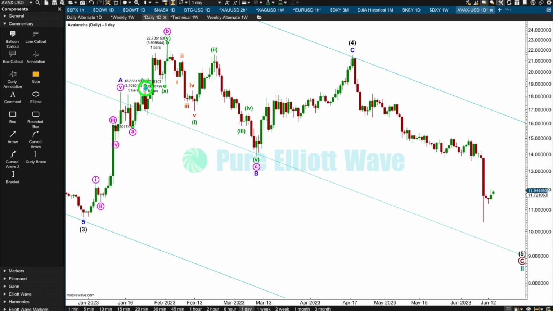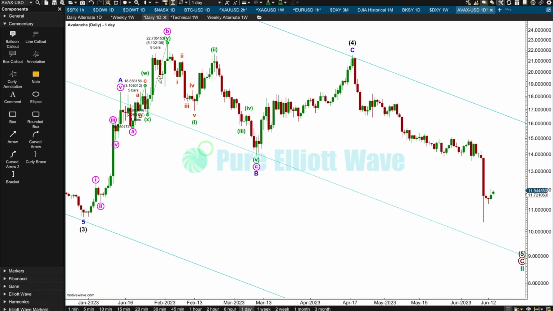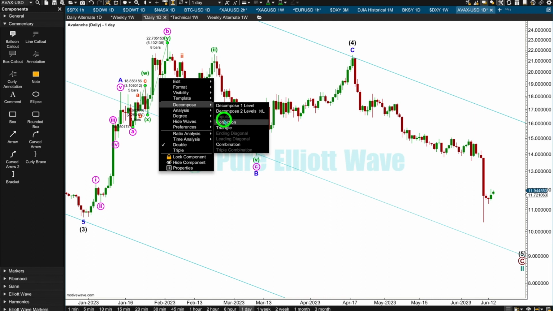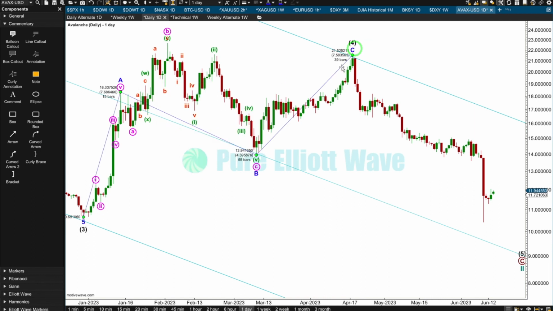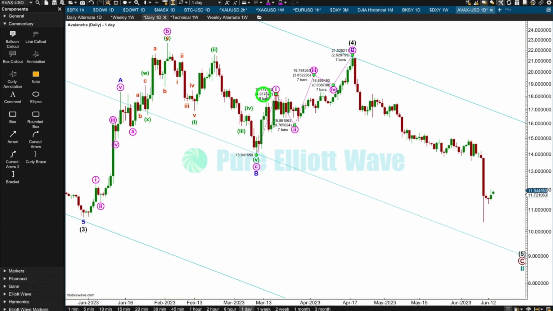Nope, I think here and here. Yeah, now you've got a zigzag here and a zigzag here. And C, yeah, well, no, I think you will find it'll work actually, motive wave. And you're going to find short little sharp fourth waves in there.